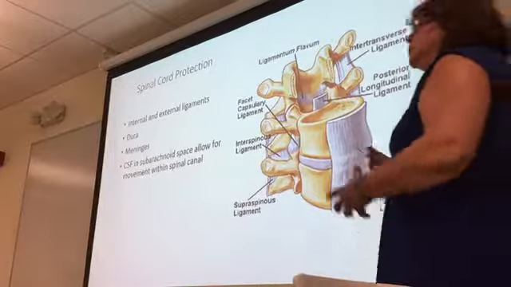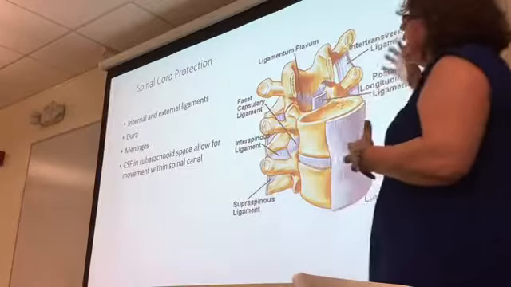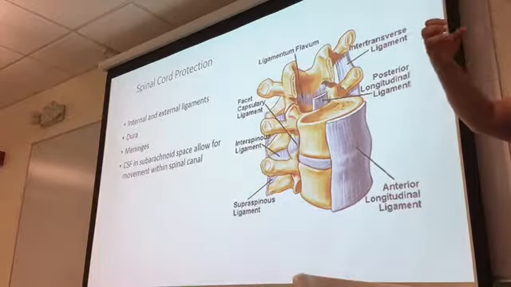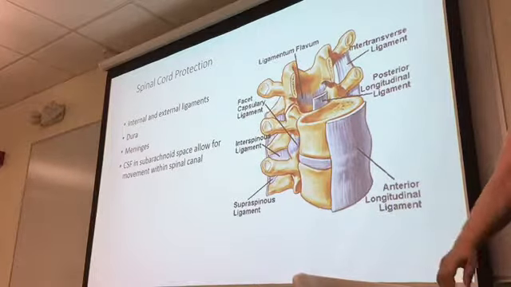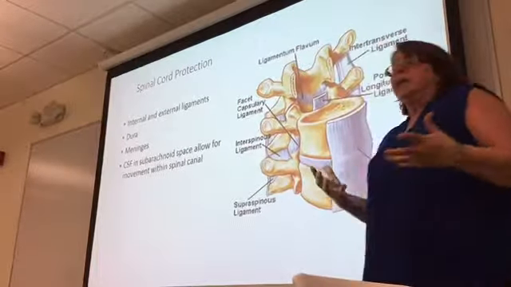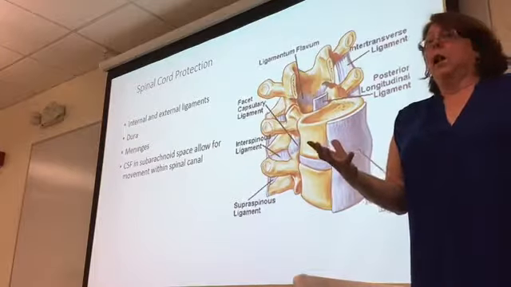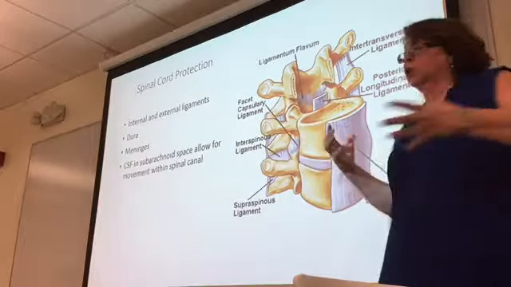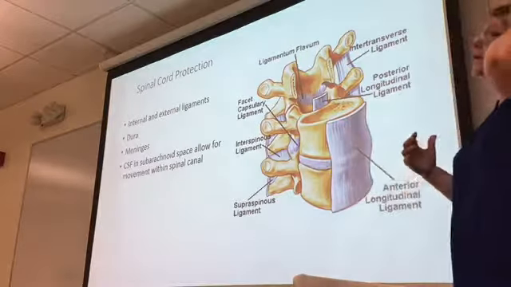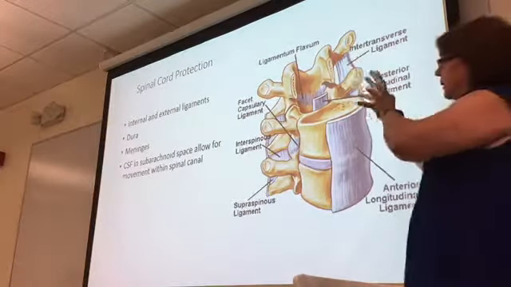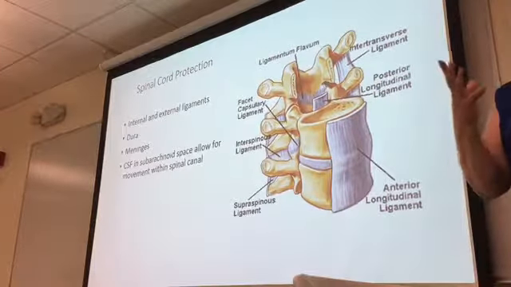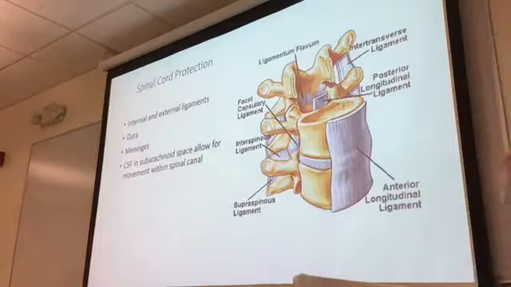In addition to the protective layers, the meninges, you also have the spinal cord protected with these Legos, which is the vertebrae sitting on top of each other to help protect the spinal cord. The problem is the spinal column is at risk because it allows us to turn, bend, rotate. Because it's so flexible, even though it has layers and the vertebrae sitting on top, it is at risk for injury.